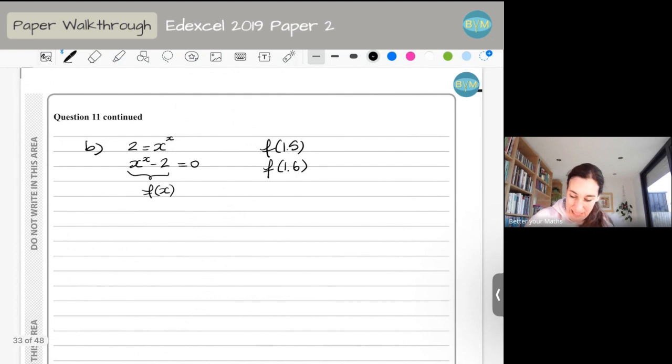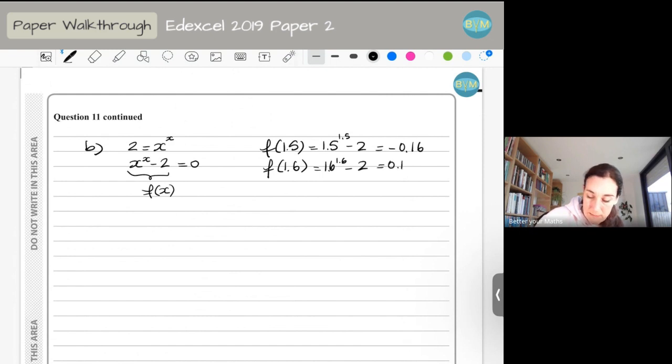So f of 1.5 is going to be 1.5 to the power of 1.5 minus 2, which is minus 0.16. And the same with 1.6. So 1.6 to the power of 1.6 minus 2 is 0.12.